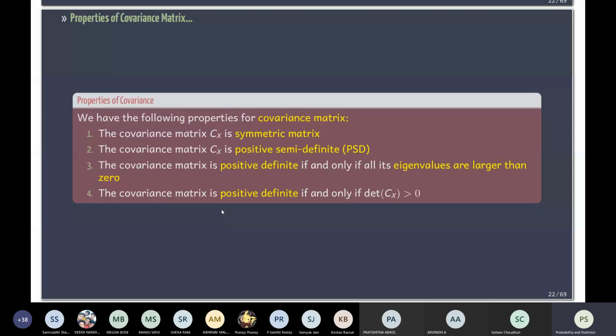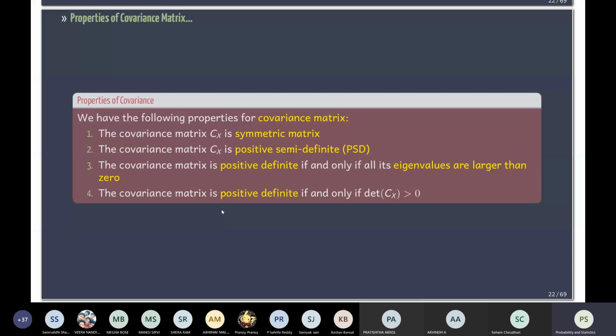The covariance matrix is positive definite if and only if the determinant of the covariance matrix is greater than 0. Okay, so these are the properties. Basically, these are properties of linear algebra also. The last two are nothing but linear algebra properties. So if someone tells me that it's positive semi-definite, then obviously eigenvalues are larger than or equal to 0.